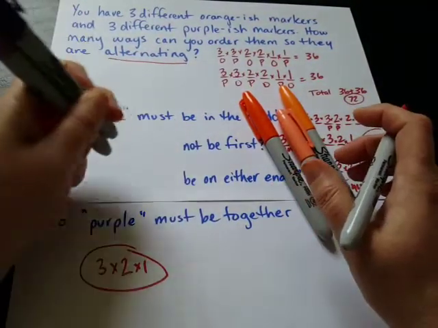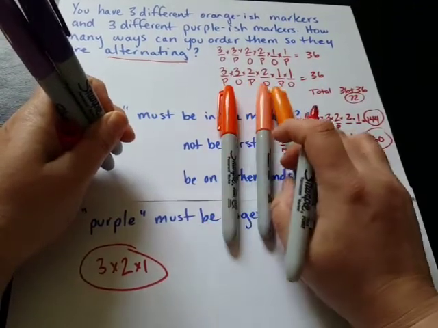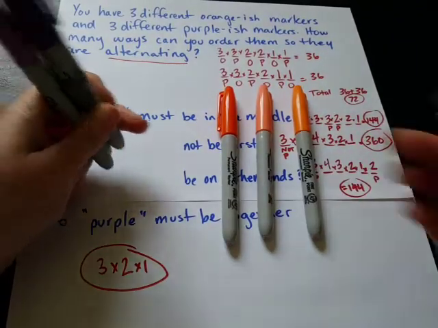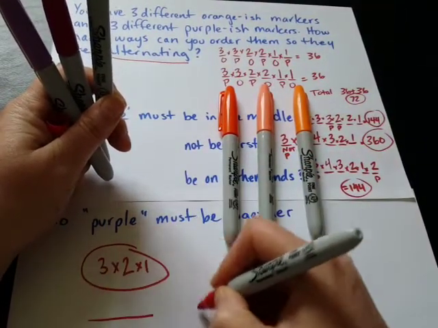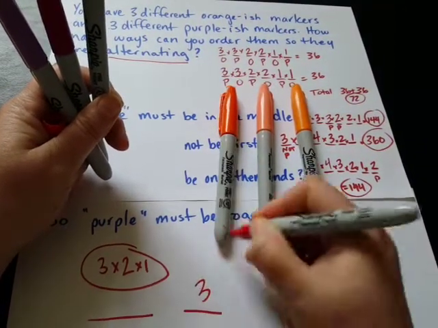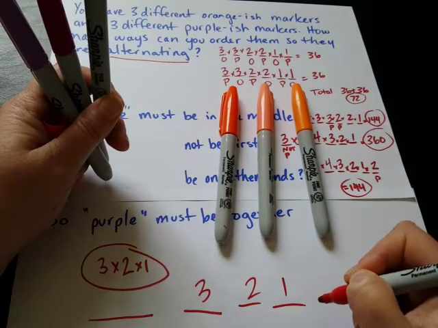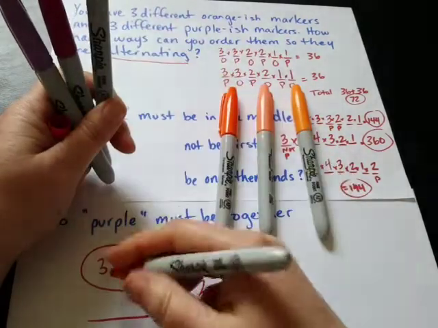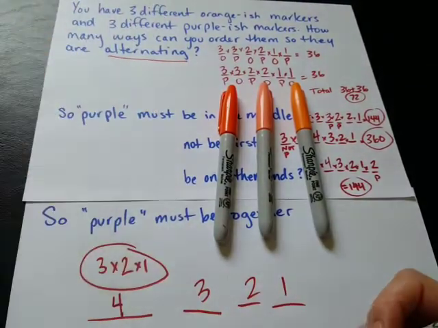So I treat that as one group or one chunk and the rest of the other markers, because I could pick any one of these purple markers or I could pick any of the 3, 2, or 1 orange markers. So we've got 3 orange markers and 1 chunk of purple.